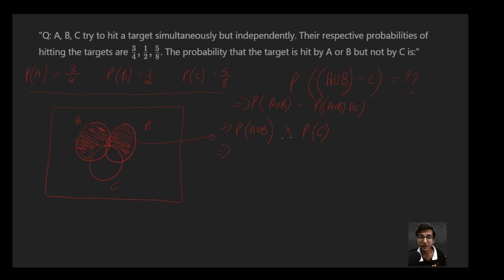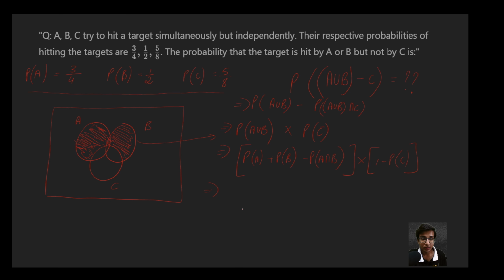So now we can simply find the values. P of A union B can be written as P(A) plus P(B) minus P of A intersection B. This entire thing is multiplied by C complement, so this can be written as 1 minus P(C). So from here, let us substitute the values.